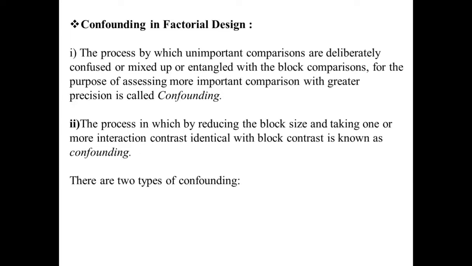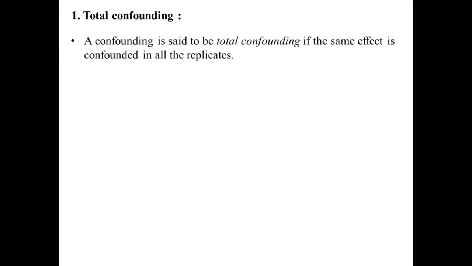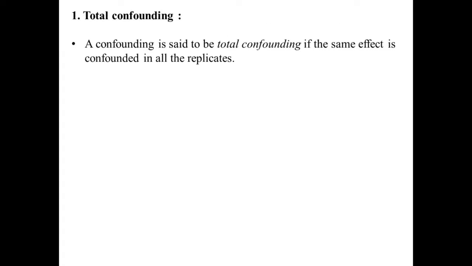Mainly there are two types of confounding. One is total confounding and the second one is partial confounding. First we will discuss what is total confounding. A confounding is said to be total confounding if the same effect is confounded in all the replicates.